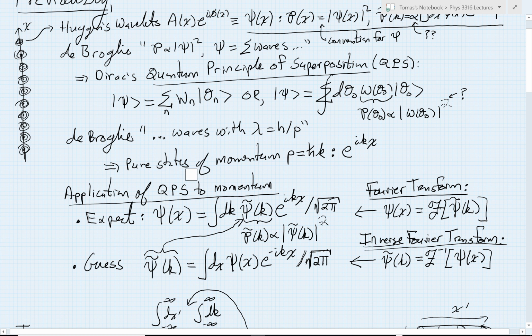And now we can see that really a pure state of momentum should be represented not purely by this complex exponential, but with an additional factor of 1 over square root of 2 pi, in order that we be consistent with the math that we've seen, and this then defines the normalization for our pure states of momentum. And that then completes our analysis of the Fourier transform and the connections via the physics to the inverse Fourier transform.